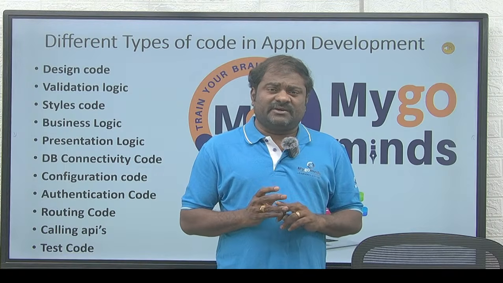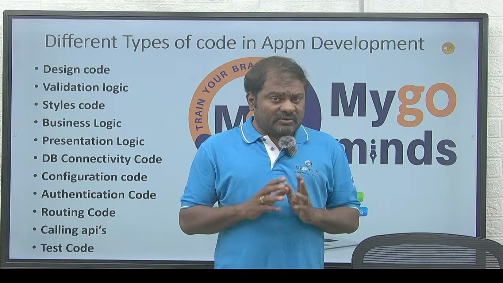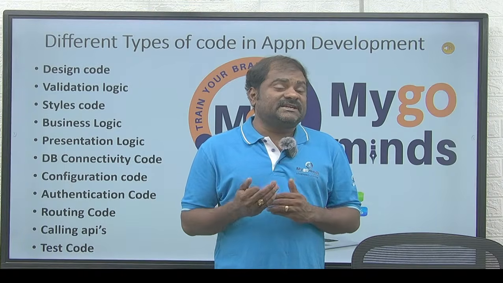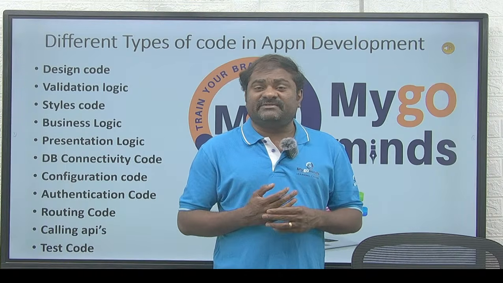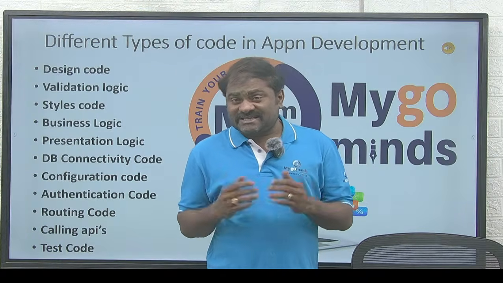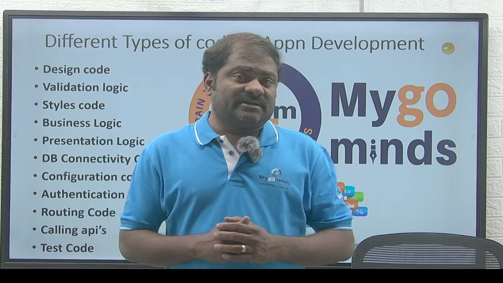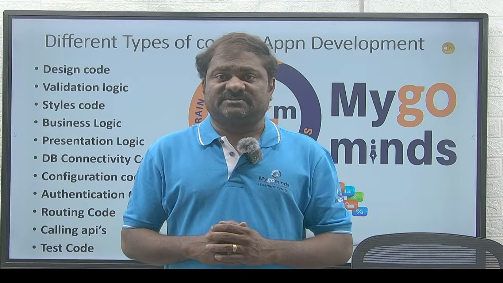But now AI has come into the picture, so there is no need to focus so much on the coding. Now generative AI and agentic AI have come. Generative AI means generating code by writing a prompt. So as a developer, you must know how to write prompts, but you must have knowledge of concepts. Concepts are very important. A developer need not write the code, but you must have the knowledge.